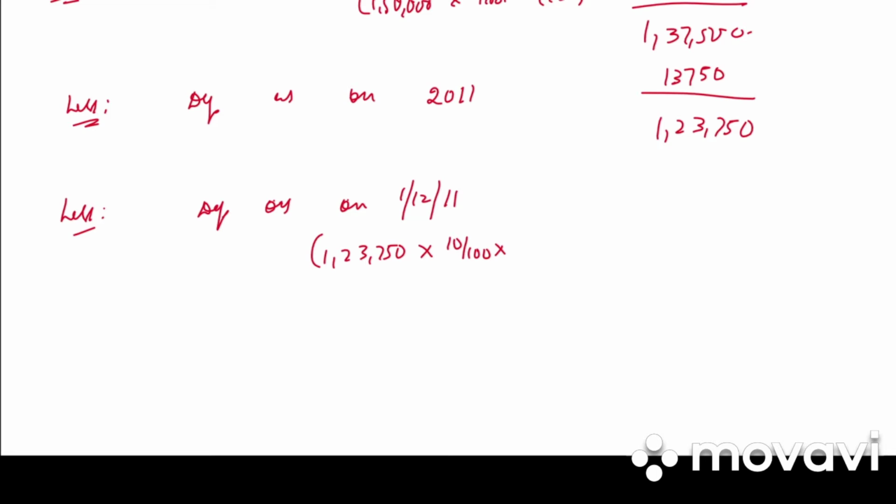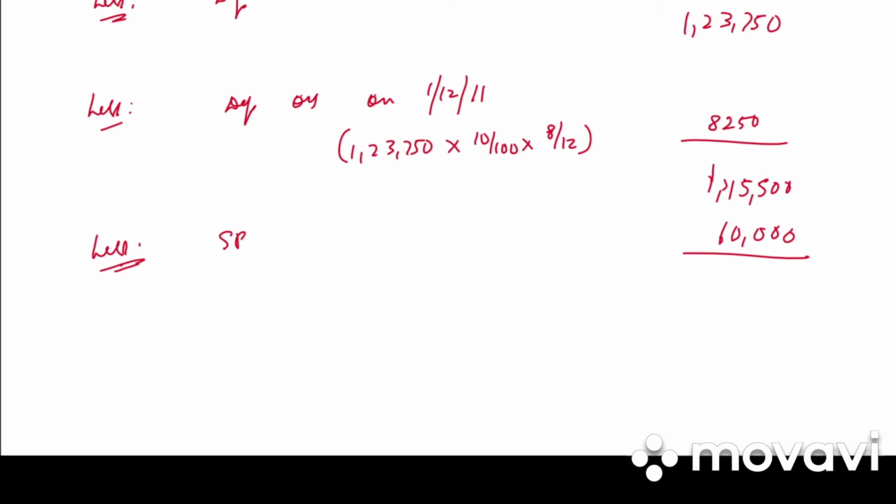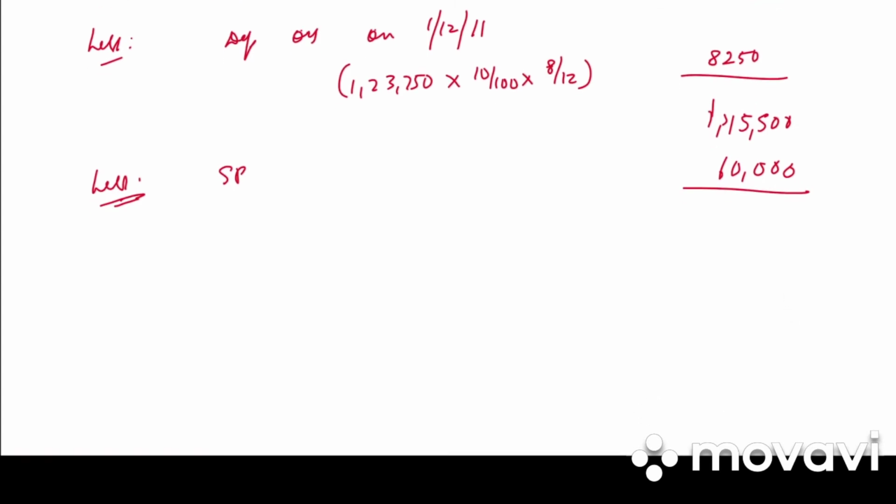For how many months it is? 8 months. 8 by 12. 8,250. We get 1,15,500. It is sold for less selling price 60,000. So what is the loss? 55,500. Loss on sale.